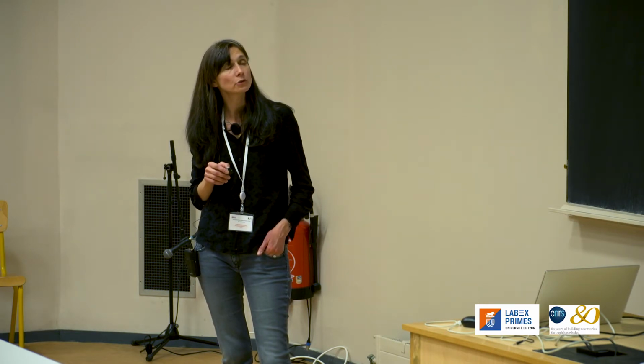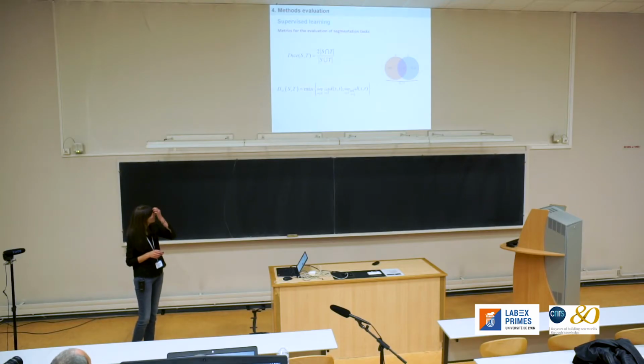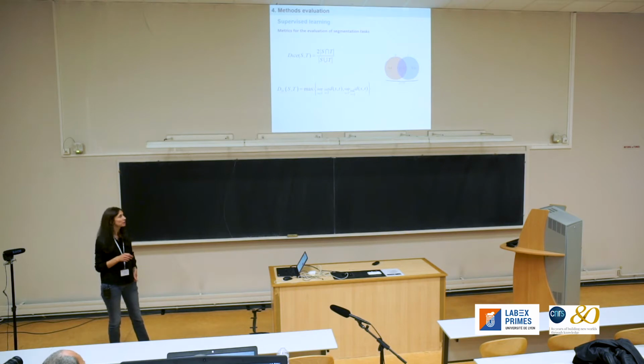So here, for instance, if my original reference is S and the segmentation predicted by the model is T, you see that I don't have a good overlap for this segmentation. So one metric that is really used in this domain is what we call the Dice index, that evaluates the ratio of the intersection between the reference and the estimated segmentation over the union of the two.